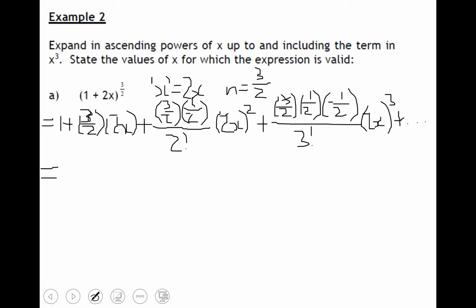Calculating, 3 over 2 times 2, the 2s cancel, we get a 3, so 1 plus 3x. 3 over 2 times a half is 3/4, over 2 factorial is 3/8. 2x all squared is 4x squared. So 3/8 of 4 is 3 over 2 x squared.